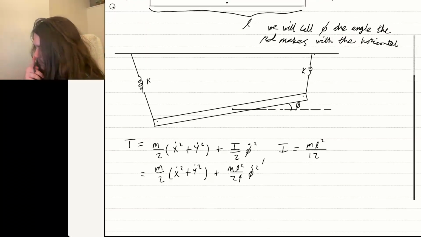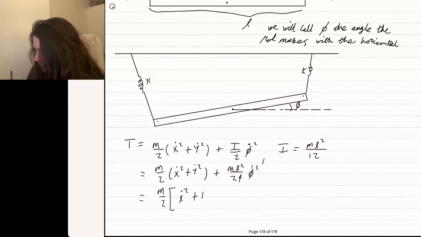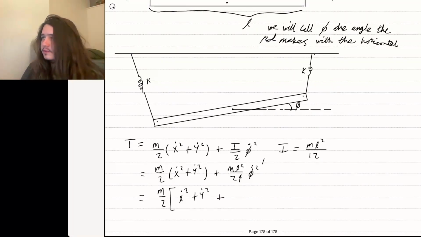And I'm going to group this together in a much nicer way, I think. Let's pull out m over 2 from everything. Make some big brackets, so that's x dot squared there plus y dot squared there. And then I want to have just a constant that's squared, so I can use the kinetic energy matrix equation directly.